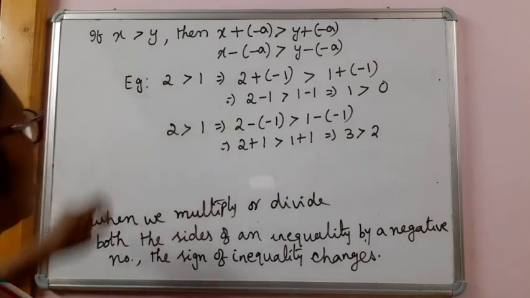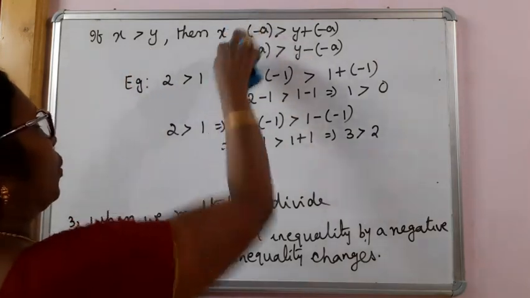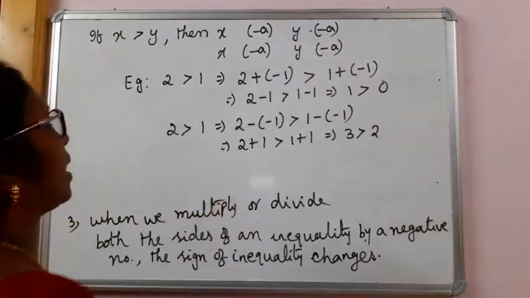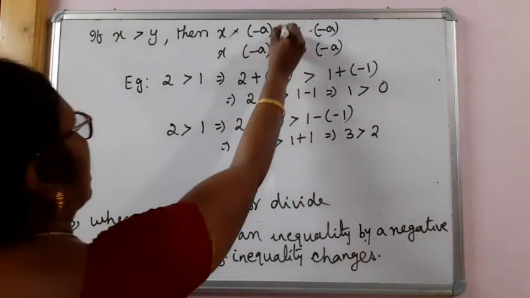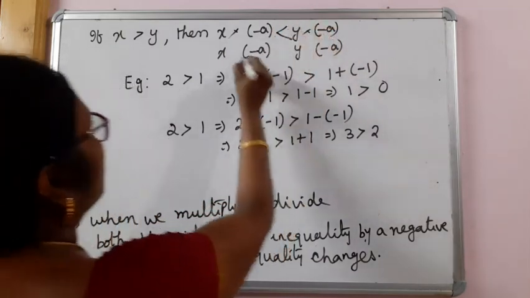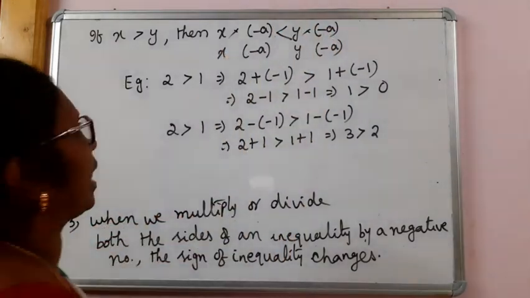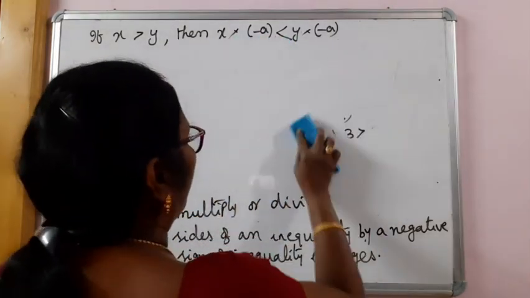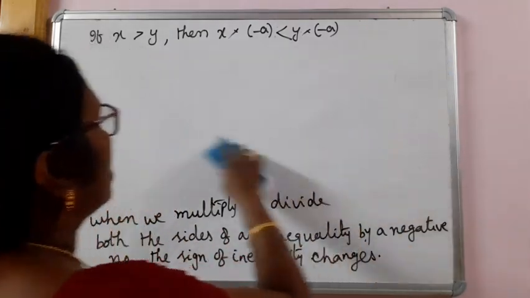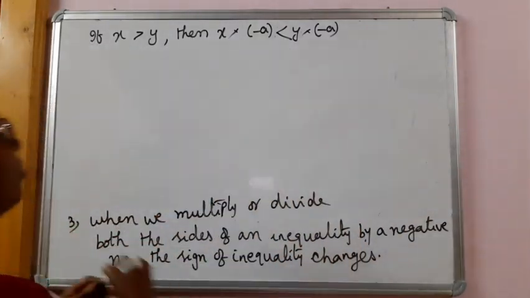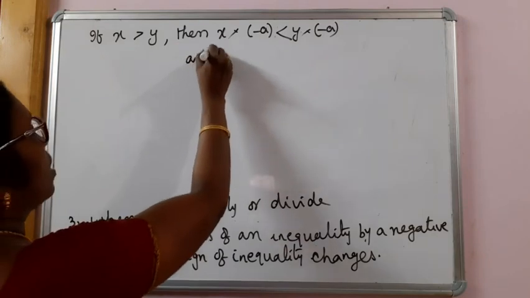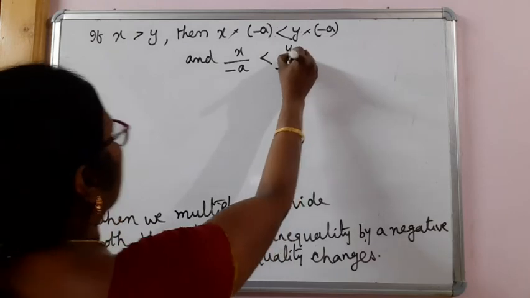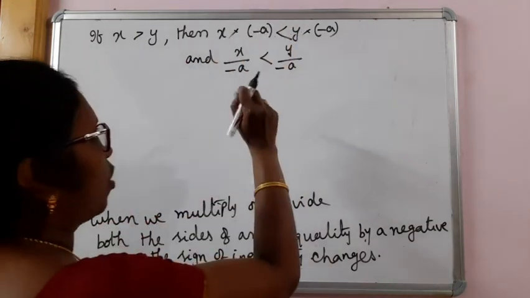If x is greater than y, then x into minus a will be less than y into minus a. X divided by minus a, instead of divided by sign, let me write by. Okay? And how is that also I will explain you. And also, x by minus a will be smaller than y by minus a. Here greater is there, it will be smaller.